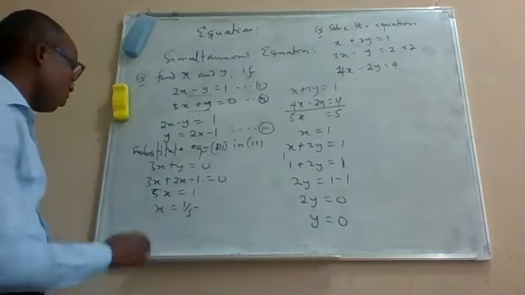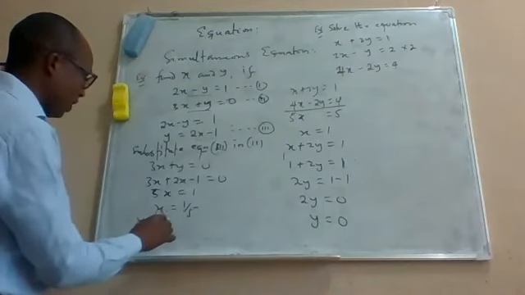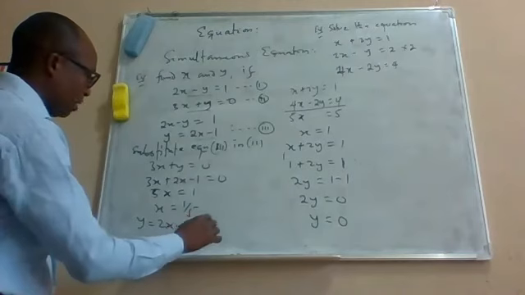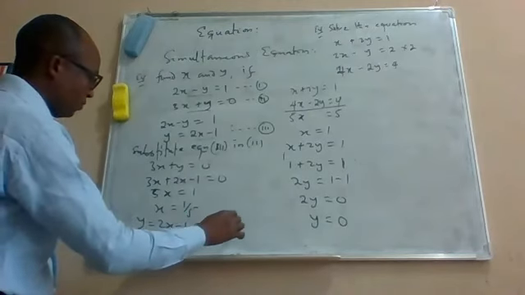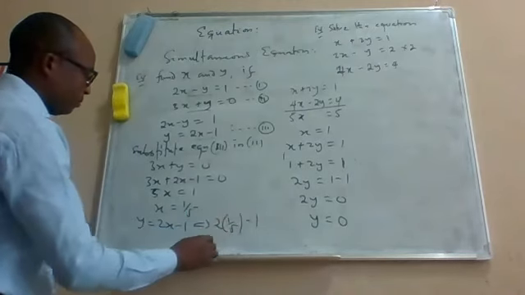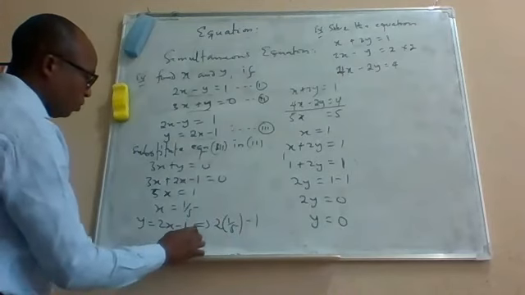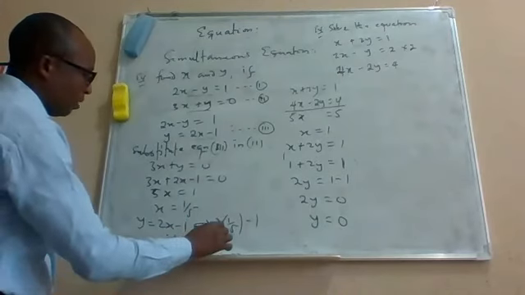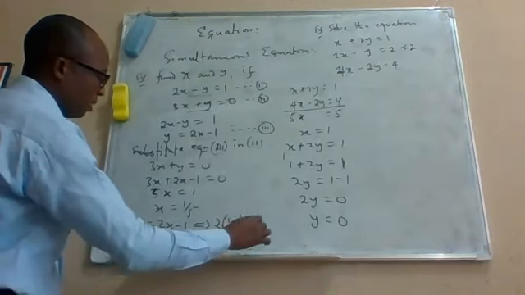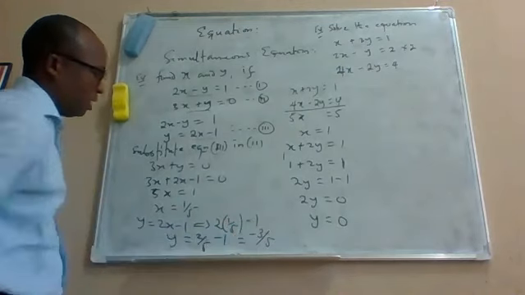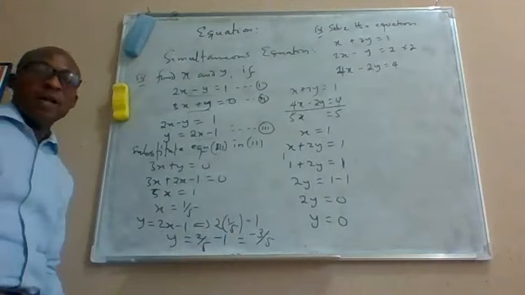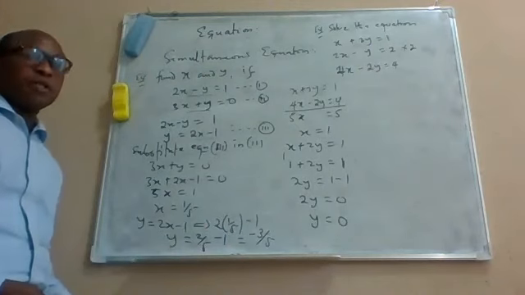So y is 2 times 1 over 5 minus 1, which is 2 over 5 minus 1, and this gives minus 3 over 5. And that gives the same result as the elimination method.